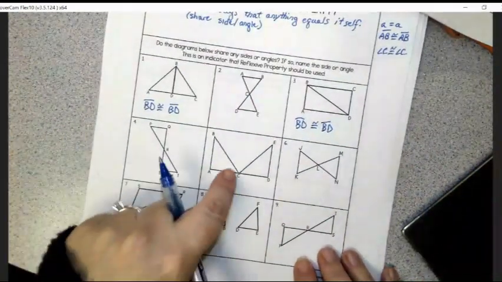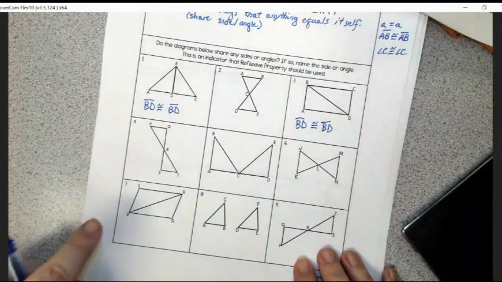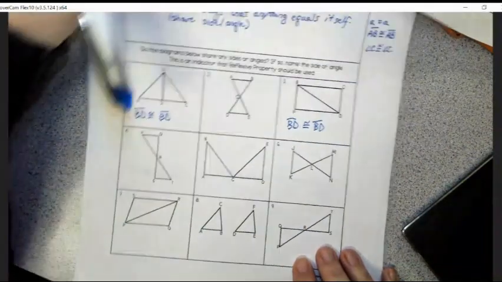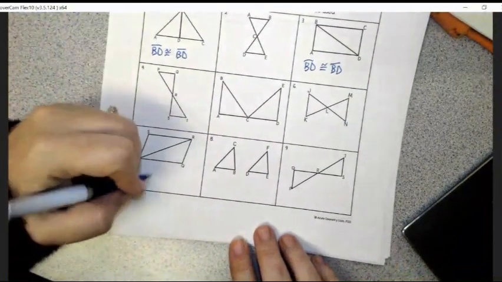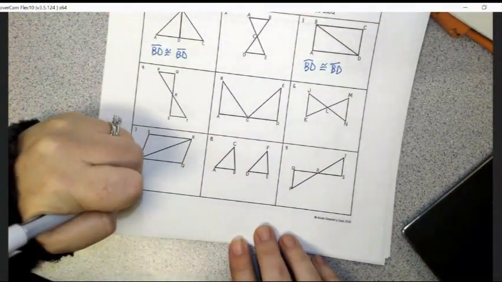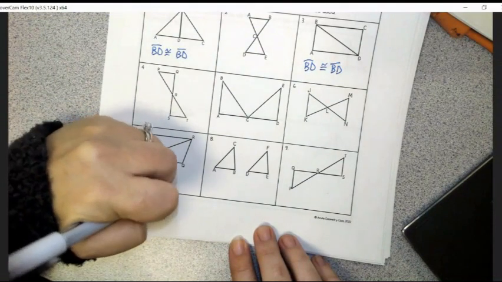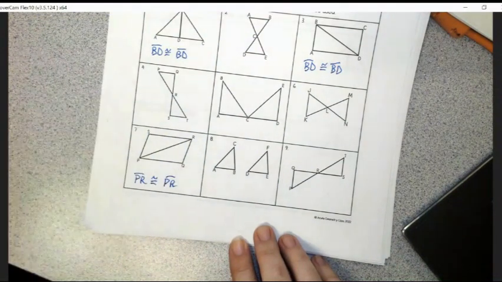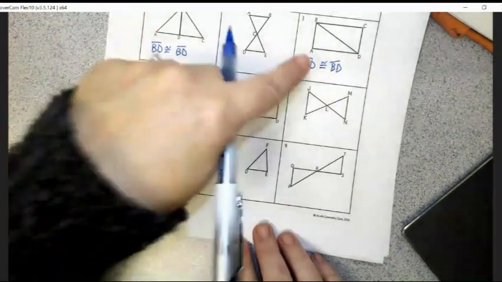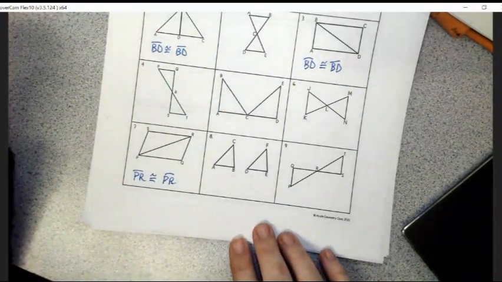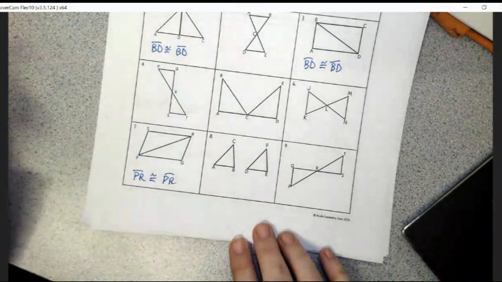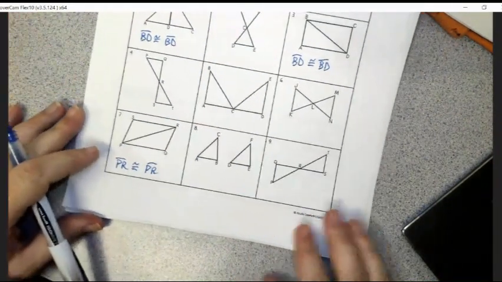These don't share anything, these don't share anything, these don't share anything. This one shares something again. This one would look like PR is congruent to PR. Okay, so all of these had the same side. There's not anywhere they use the same angle.